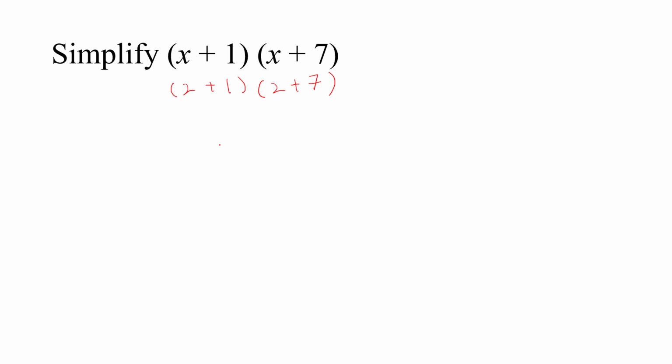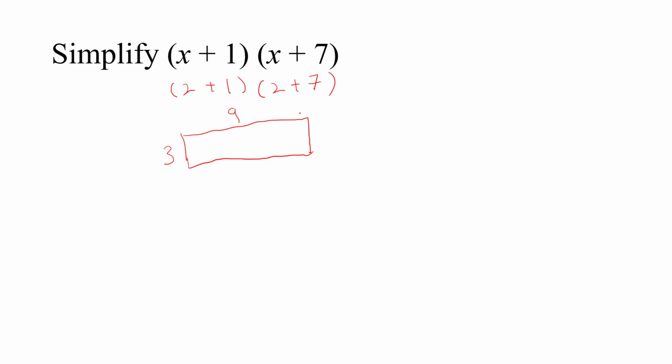Now, if I were to convert these two into numbers, it will just be 3 times 9. So it is like a rectangle that is 3 on one side and 9 in length. Basically, expansion is like finding the area of a rectangle, something that we have learned.